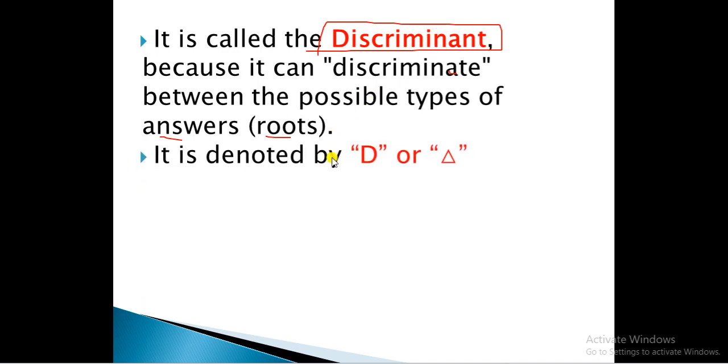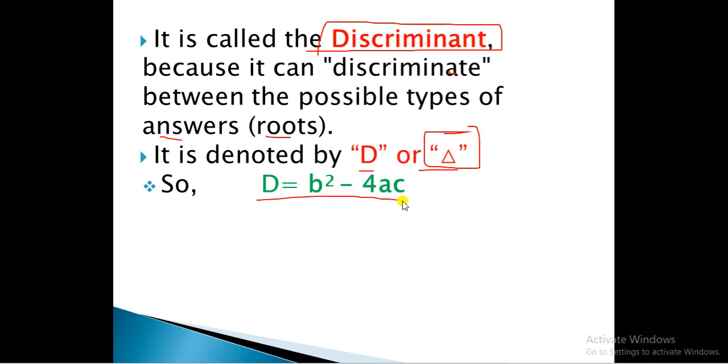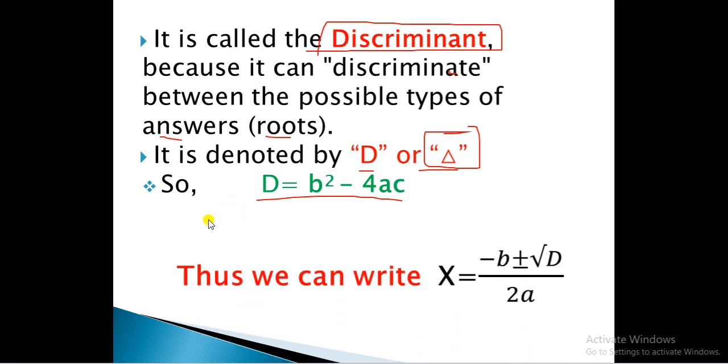It is denoted by the letter D or del. So these two signs we can use to denote the discriminant. So D is equal to b square minus 4ac. By applying this, you can get the value of the discriminant.